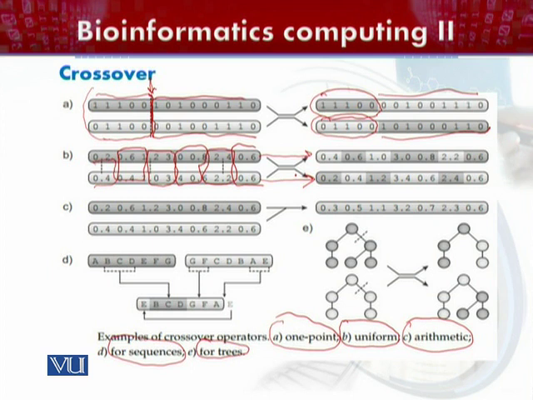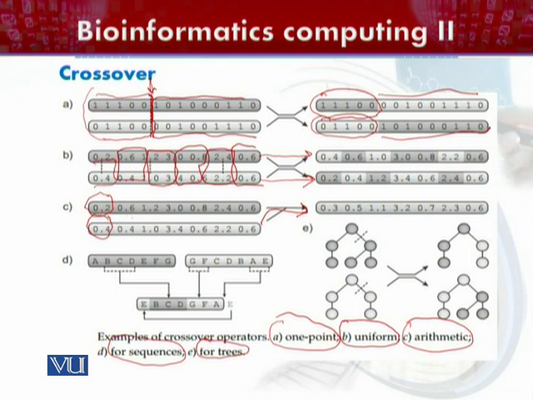The third form is the arithmetic form of crossover. The arithmetic form is used where the data is not represented in a discrete manner. These two chromosomes will yield a single chromosome through the arithmetic mean. For example, here the value is 0.2, and the value on the other chromosome at that specific locus is 0.4.